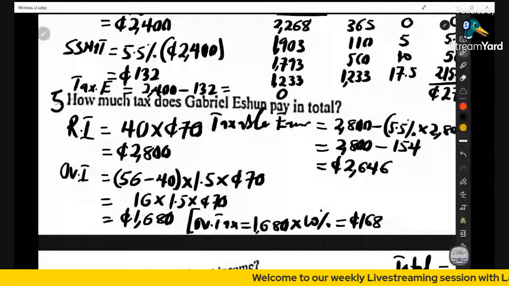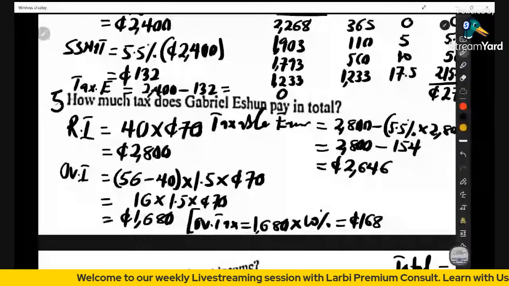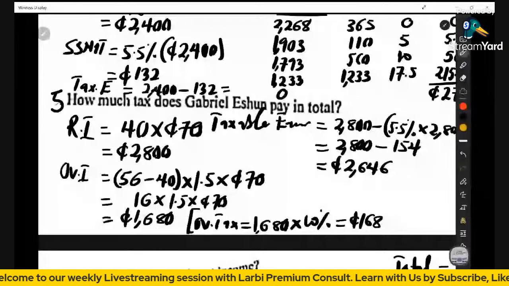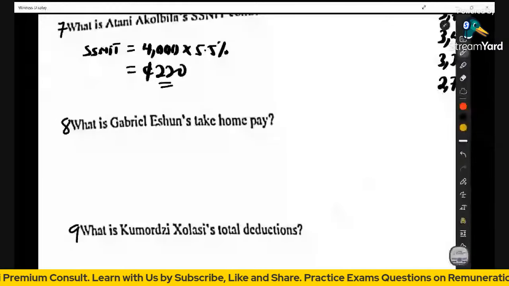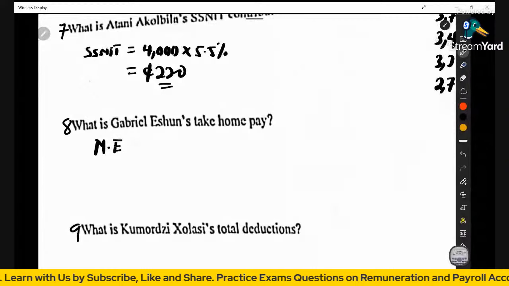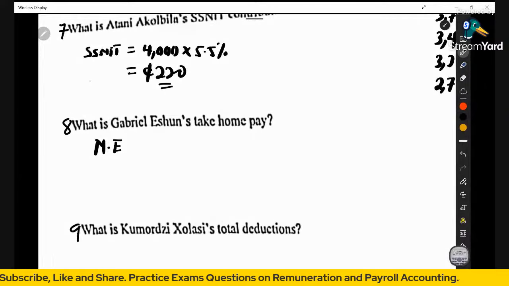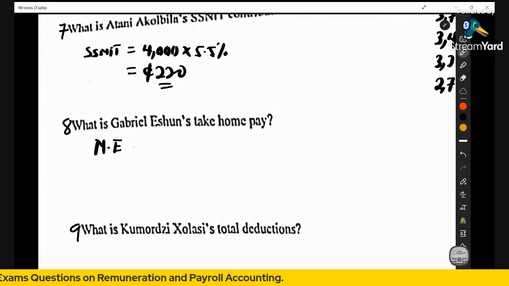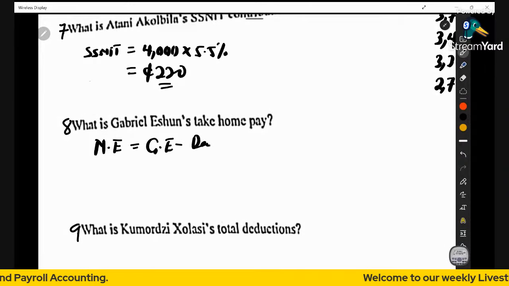We know the total that you take home to go enjoy with your family. So it's also known as the net earning or the net income. Okay, it's the same: net earning, net income, or take home pay. So that should be your gross earning minus deductions.